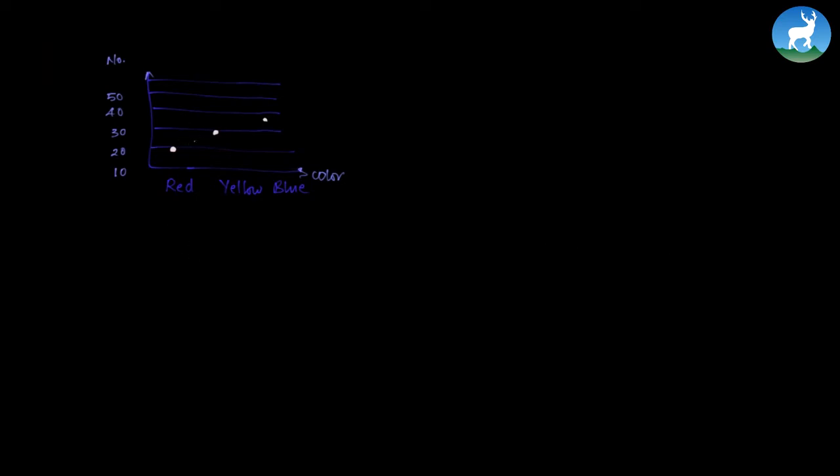And since this is a line graph, we just join them with a line. So here. So this is a line graph. As you can see, line graph does not have rectangular bars. They do not contain rectangular bars, but they have these points. These little points represents the information.